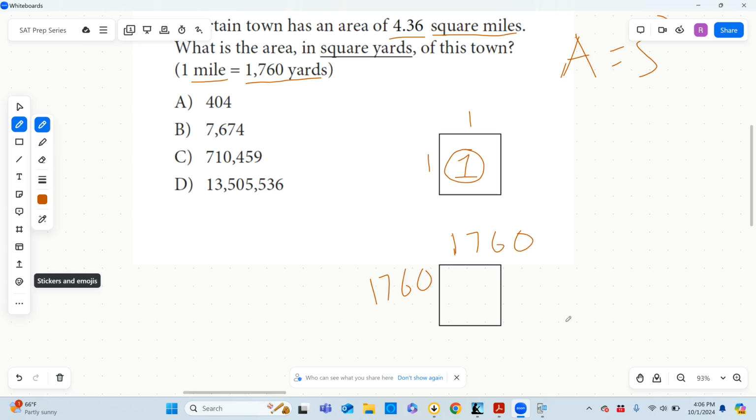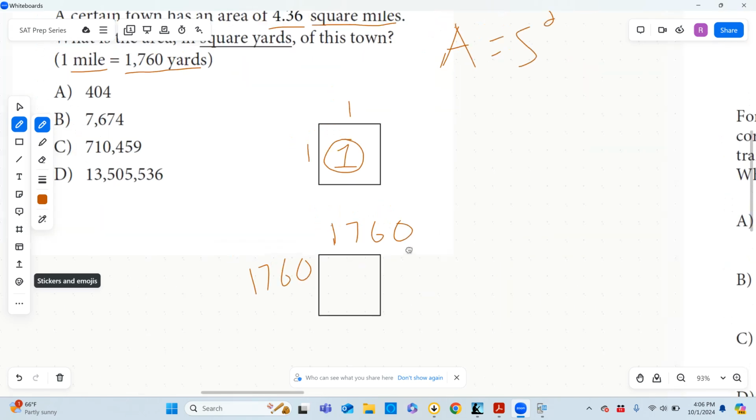And the area of the square in square yards is equal to side squared, or side times side. So my area is going to be 1,760 yards squared.